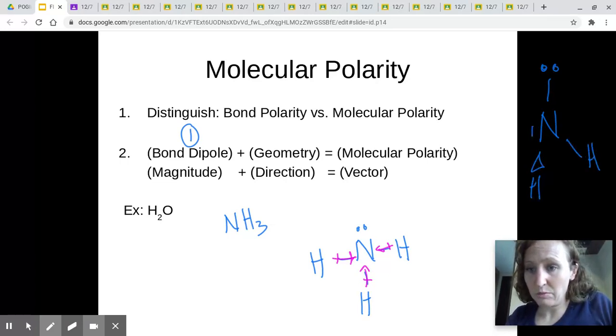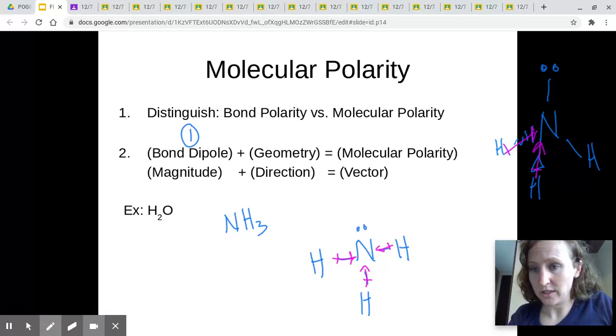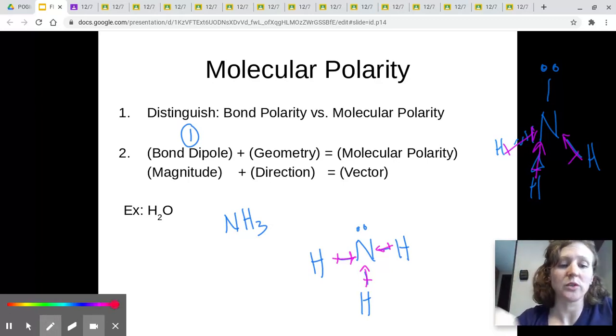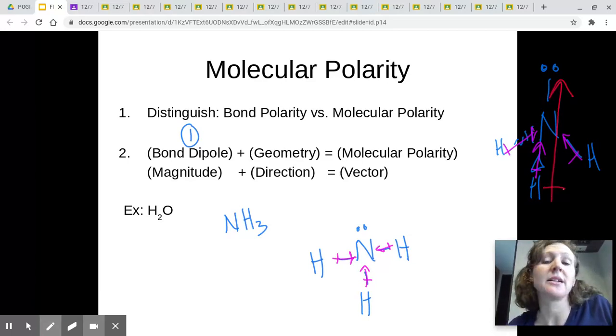And the 3 bonding pairs, or the 3 dipoles, are going to be on the bottom, and they're all going to be pointing up at nitrogen. So are they going to cancel each other out? Are they equal? Yes. Are they opposite? No, they are not. And so these are not going to cancel each other out. I will have an overall resulting force, which is going to be my molecular dipole. And this molecule will be polar.